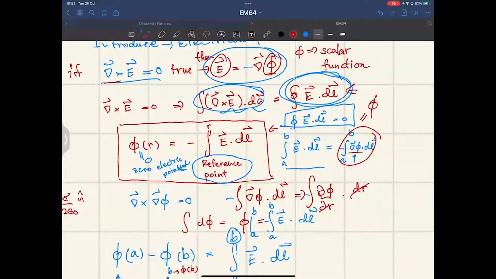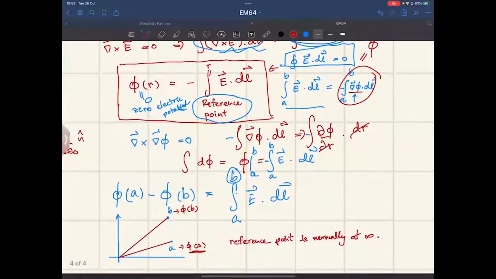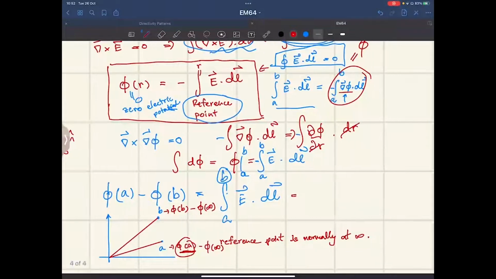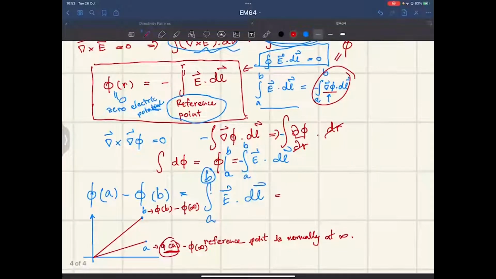Yes. Okay. So to be able to find this, it has to be compared with phi at infinity. This one also must be compared with phi at infinity. So this thing you can say is equal to the integral of what?